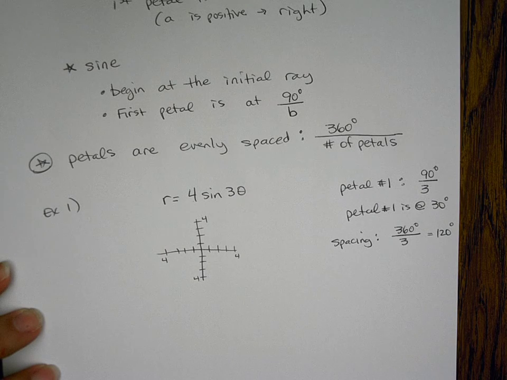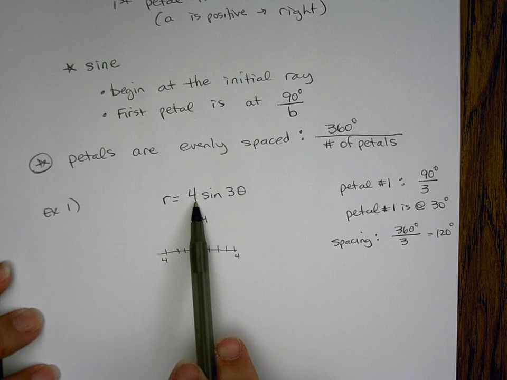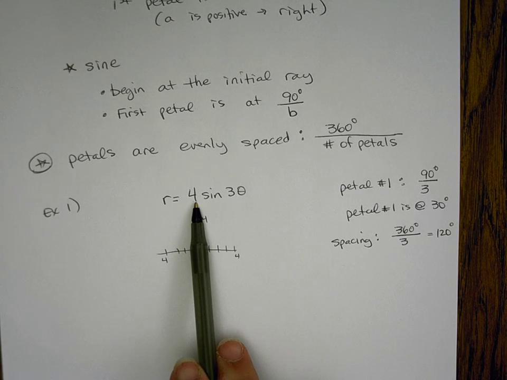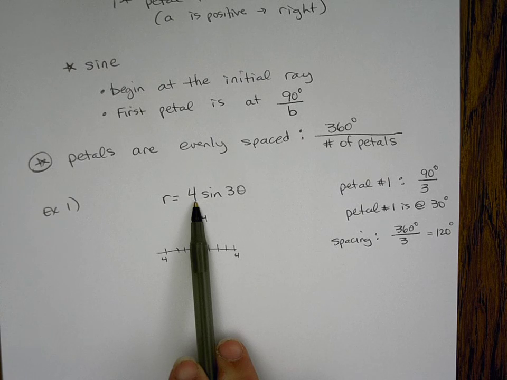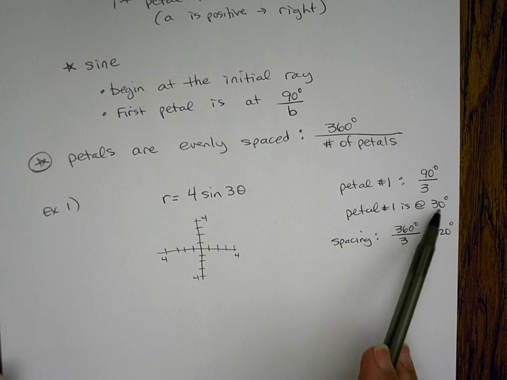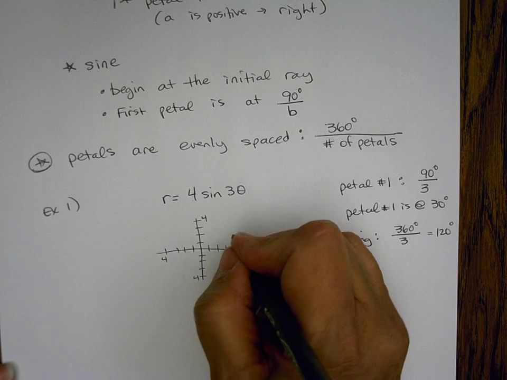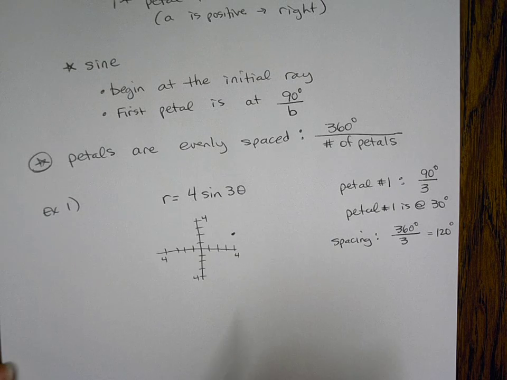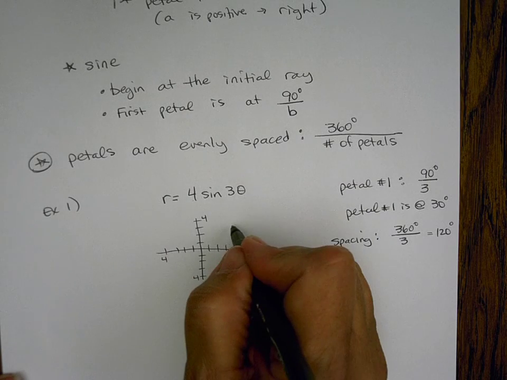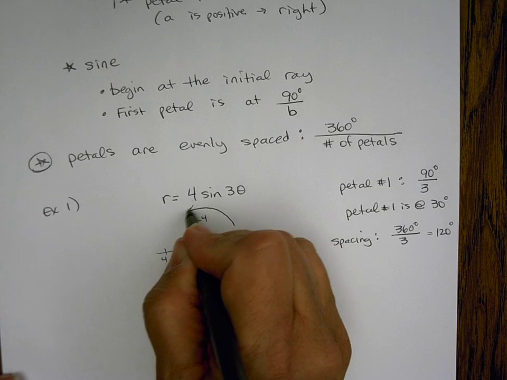And anytime I go to make a petal, I'm going to go out to the 4, because that's what A is. My first petal is going to start at 30 degrees, so I'm just going to take an approximation. We're going to do that a little better with graph paper. And then I'm going to try to label this around. This is going to be important even on graph paper.